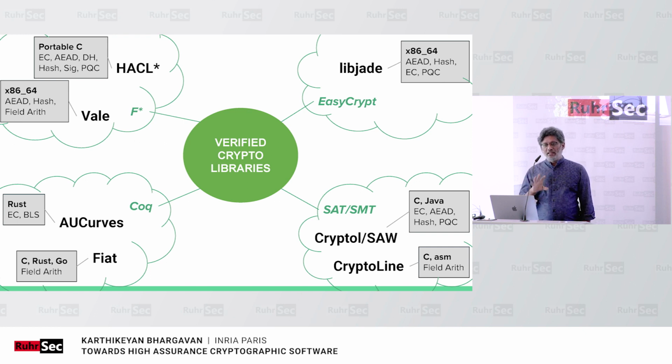It's been a big topic of research for the last 6-7 years, and now there are libraries in C, Intel Assembly, Rust, Go, which are formally verified. They tend to be separated by the tools that they use to do the verification. Some use F-star, some use EasyCrypt, some use Coq, and some use SMT solvers and so on. But on the whole, they produce code, like C or assembly code, that you can just take and use in your application.